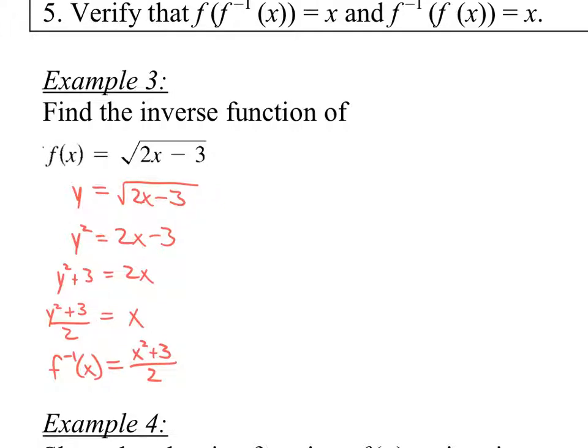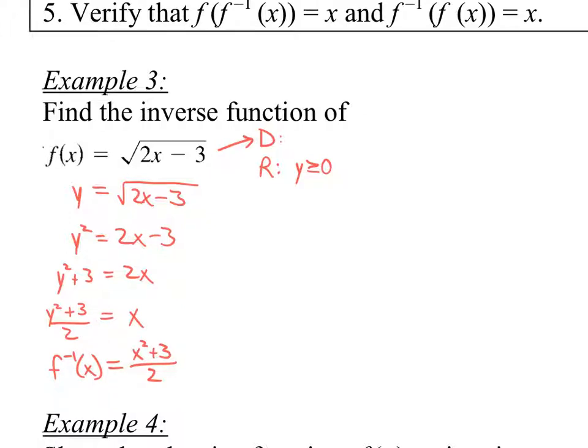Do you have to do the other steps or no? Well, let's look at this here. The domain and the range. What is the range of the radical function if it hasn't been shifted up or down? Greater than or equal to 0. So y is greater than or equal to 0.